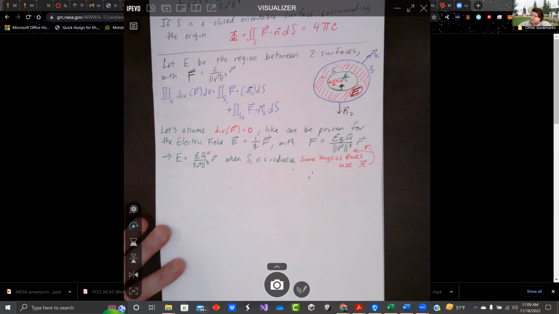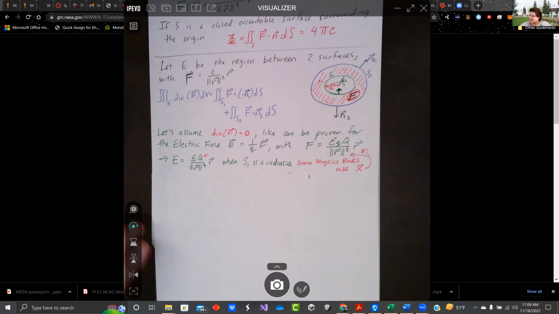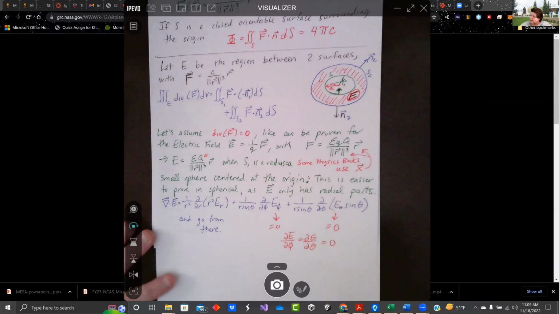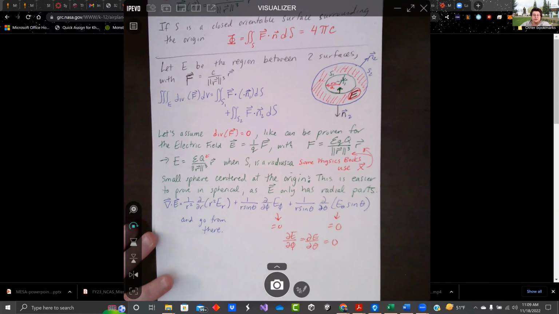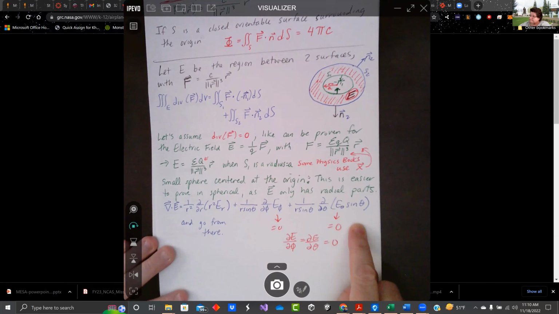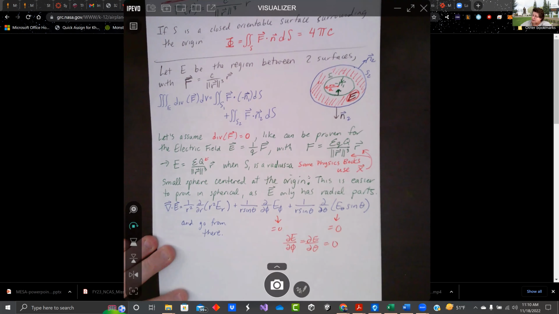Okay. We're doing a radius A, keep that in mind, and that sphere is centered at the origin. This is easier to prove in spherical coordinates since E is only radial. The direction is only outward. And so the divergence of E in spherical coordinates is this. It's good to know.